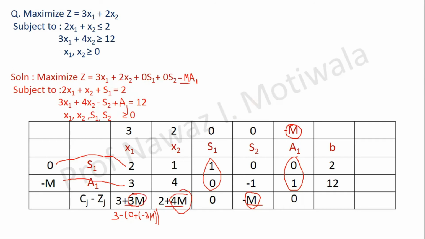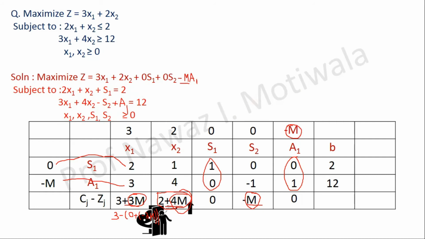Hence I will say that this particular value is the highest positive number of Cj minus Zj, and as it is the highest positive, this will enter the solution for the second iteration. Now, as this is entering our solution, some variable has to leave the solution. So let us find which variable will be leaving the solution.